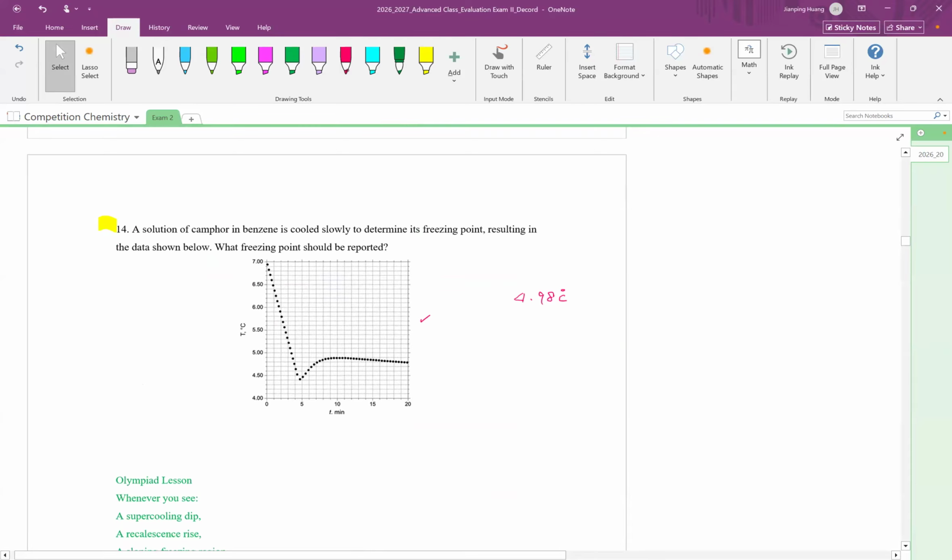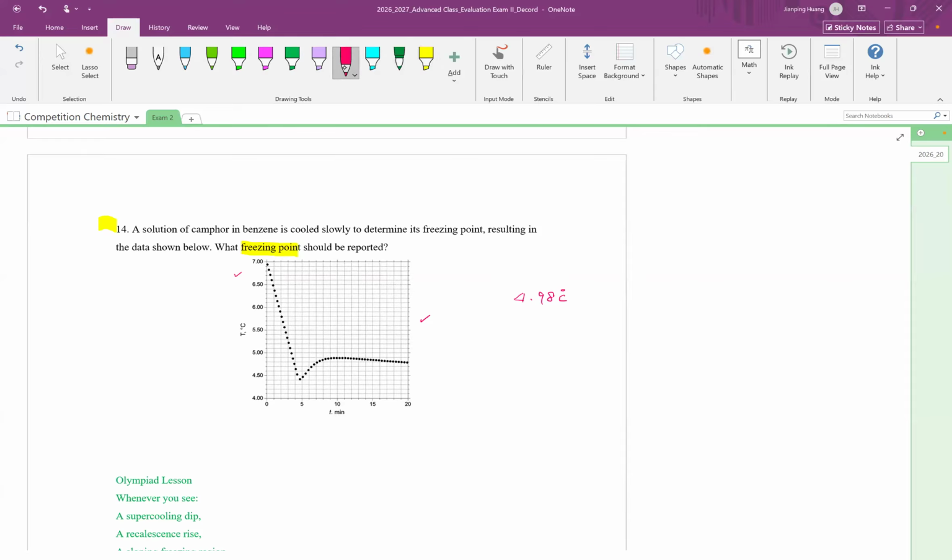Why? The hard part is really, how can you read it when you do a thermodynamic measurement, delta H, or equilibrium? How can you measure it? And that's the curve. This curve is to measure the freezing point. This lab is from physical chemistry. Freezing point, we just learned it, right?